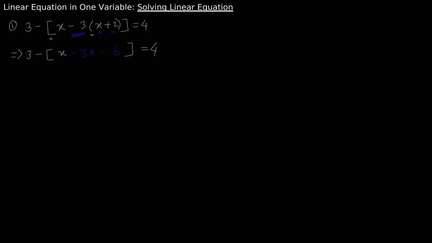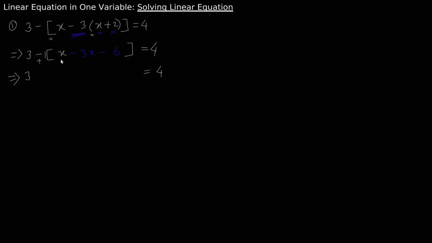So I eliminated the parenthesis. Let's write down 3 minus [x minus 3x minus 6] equals 4. Now I want to eliminate this bracket. I have a minus sign here, and minus actually means minus 1 implicitly.